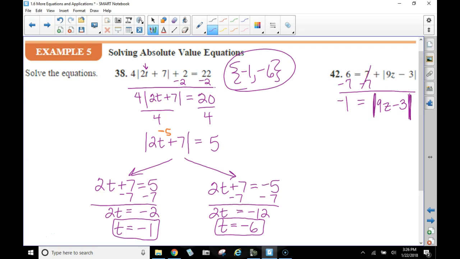Don't just blindly break these apart into two equations, because no matter what you get for z in here, when you multiply 9 by it and then subtract 3 and then take the absolute value, you're not going to get a negative. Because that is a negative 1 over here, this is no solution.